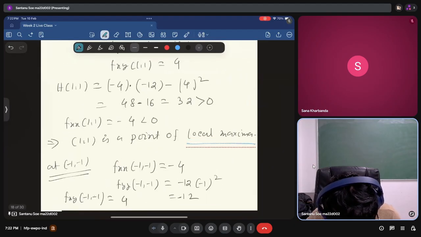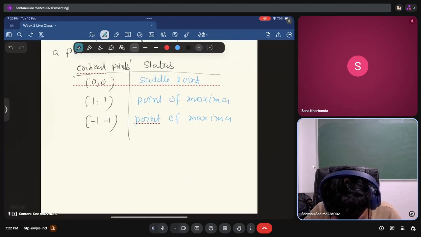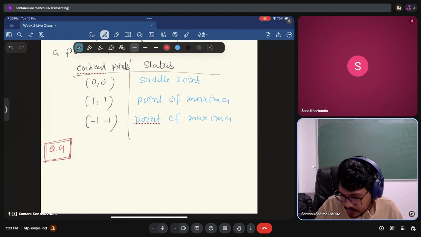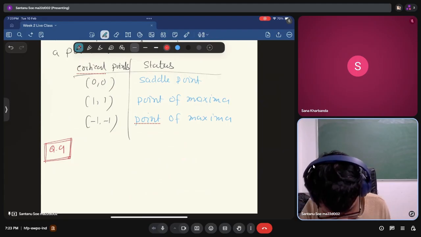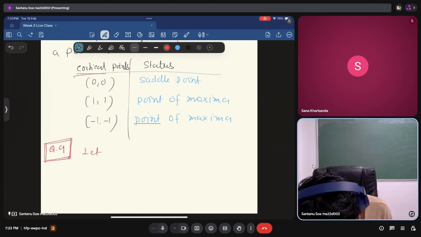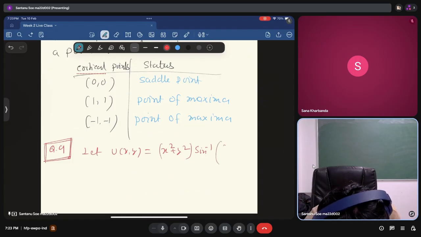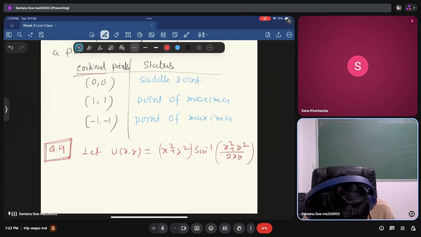Okay. So I think then I'll move to the next question. So this will be question number 9. So it is given that u(x, y) equals x squared plus y squared times sine inverse of (x squared plus y squared) divided by 2xy.